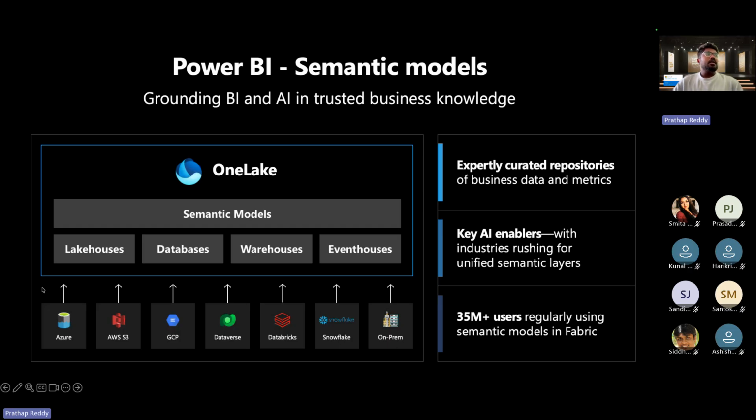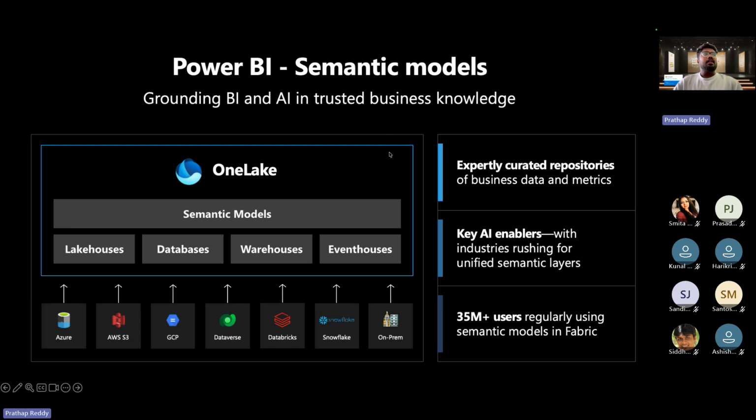So the data comes from different sources, right? In Azure we have the storage containers, AWS has storage containers, and Google has its own storage containers. And again, we have Dataverse where we have data, and Databricks, Snowflake, on-prem data. So everything we can interlink with this OneLake.